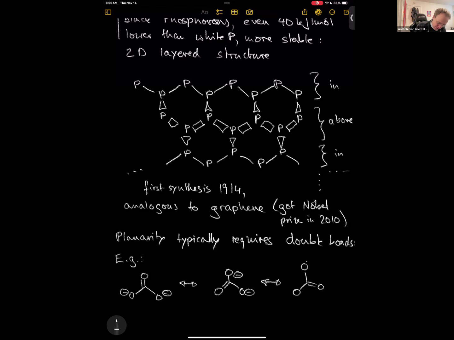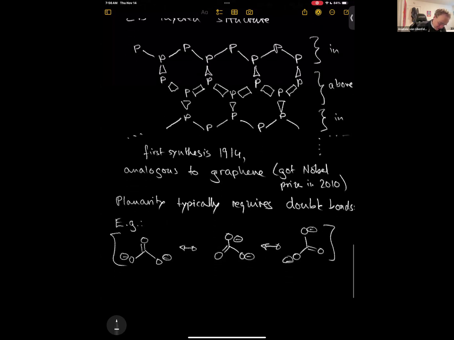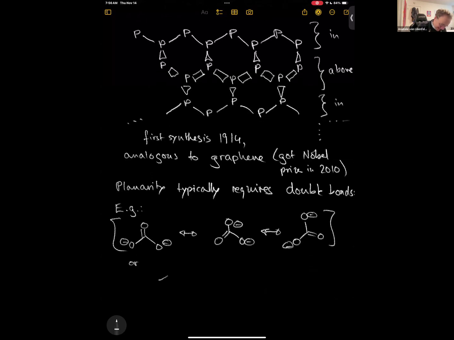So here you have 4 atoms, which will be perfectly planar. Or you consider the graphene case I mentioned before, where all atoms are in a plane.